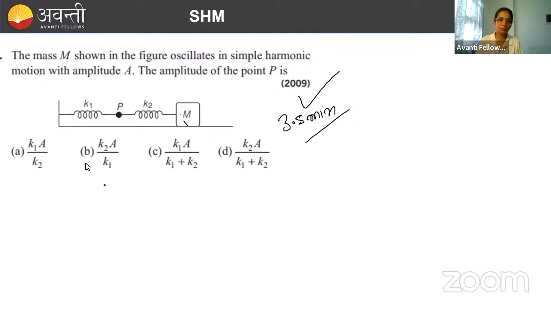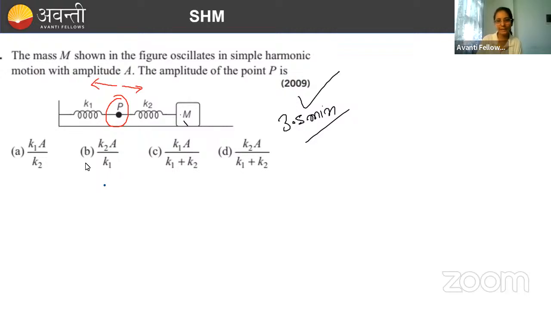How are you people solving? Let me know anything. The amplitude of point P we have to calculate. It means we have to see by what maximum distance point P can move to this direction or to this direction.